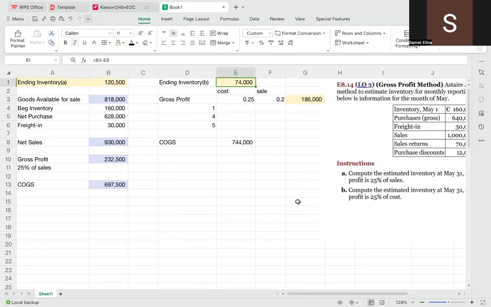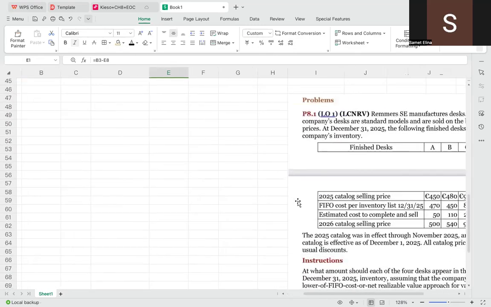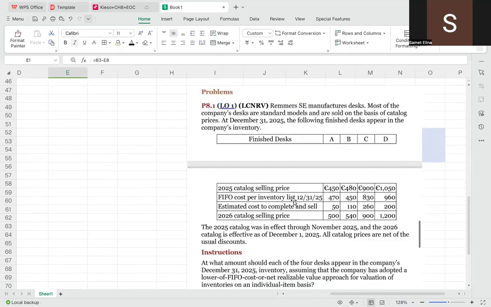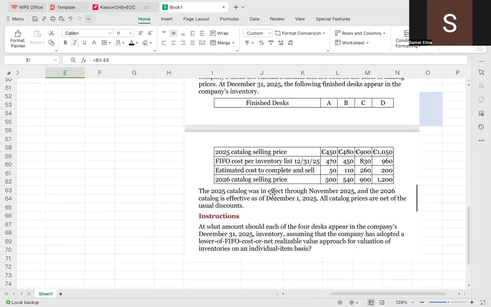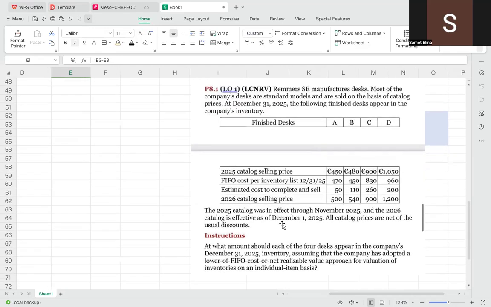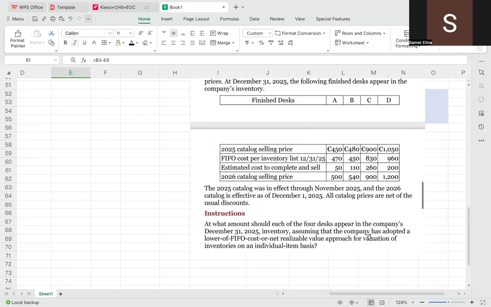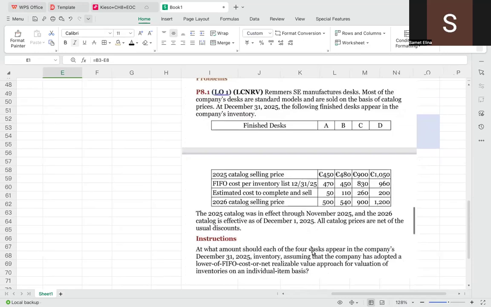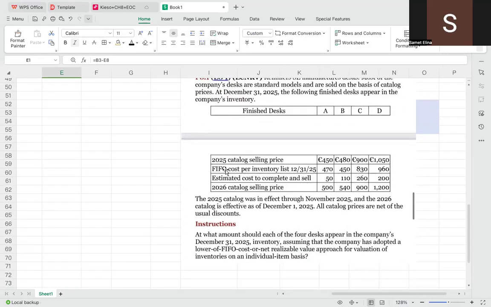That's it. Okay, let's move to problem 8.1. Let's look at the instructions first. At what amount should each of the 4 desks appear in the company's December 31st, 2025 inventory, assuming that the company has adopted a lower of FIFO cost or net realizable value approach for valuation of inventories on an individual item basis? So simply, we need to compare FIFO cost with net realizable value.